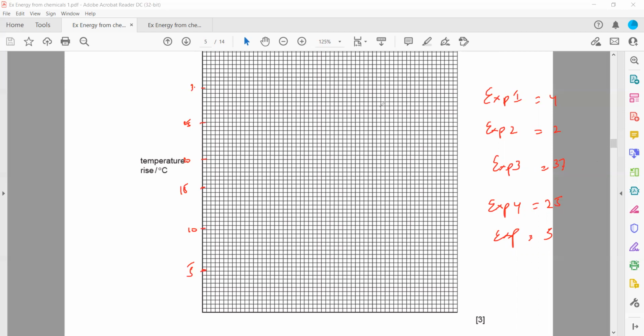I'm roughly sketching; for experiment 1, it was 4. This is a rough sketch, it's not exact. Then experiment 2 is 2.